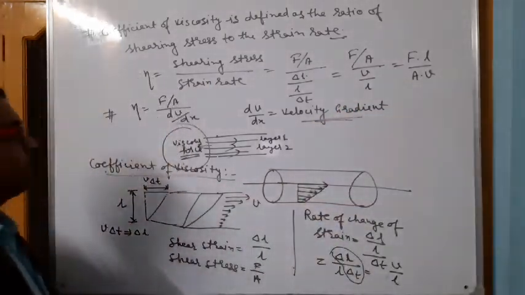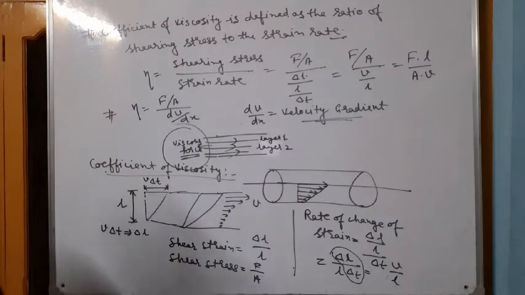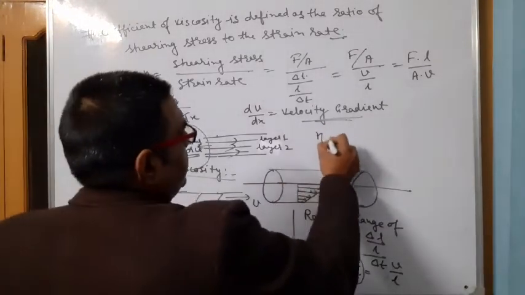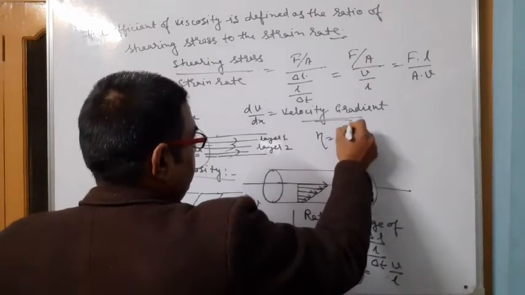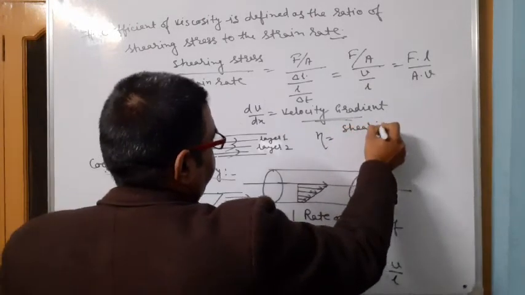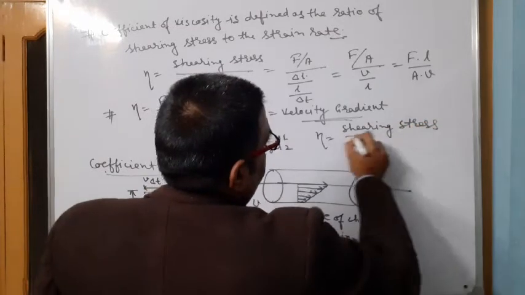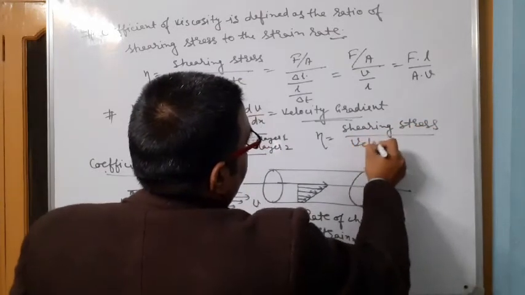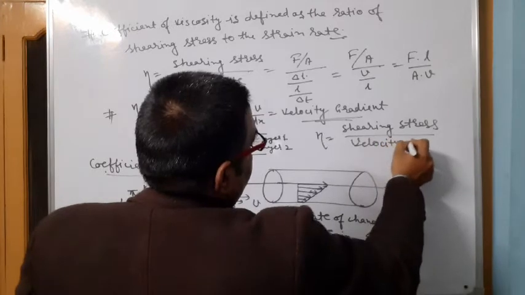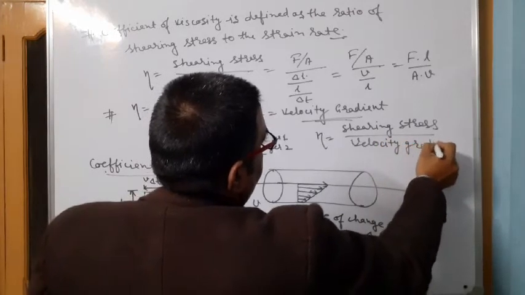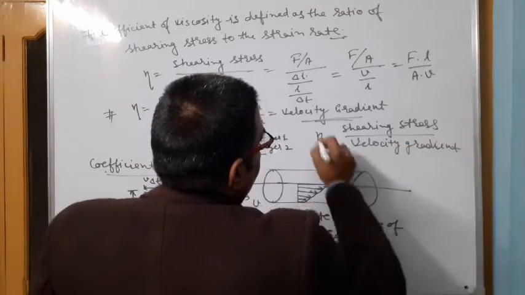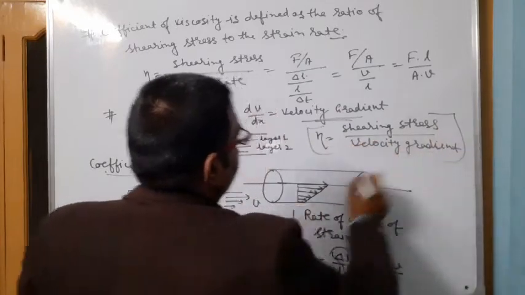So it can also be said that eta is the ratio of shearing stress upon velocity gradient.